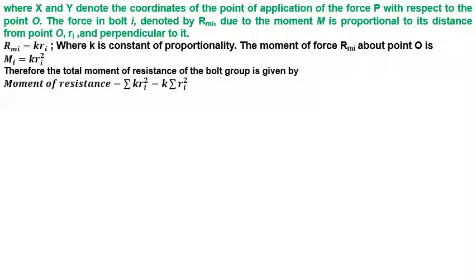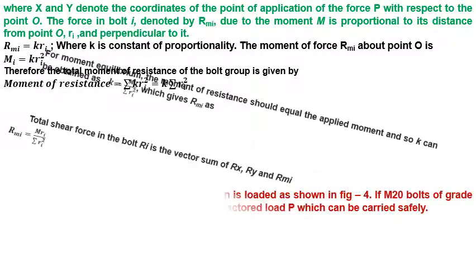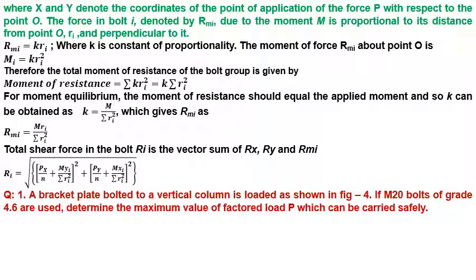Therefore, the total moment of resistance of the bolt group is given by summation of K Ri square. Hence, from this equation we obtain K equals M upon summation of Ri square, which gives RMI, the force on the ith bolt due to moment. This equals M Ri upon summation of Ri square.